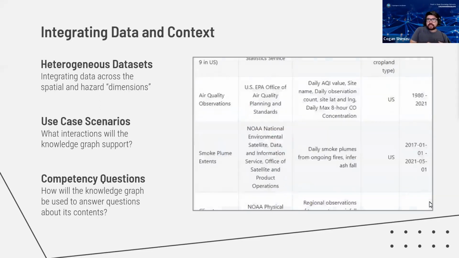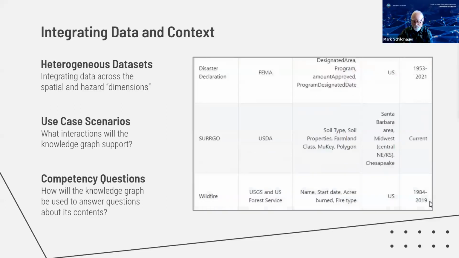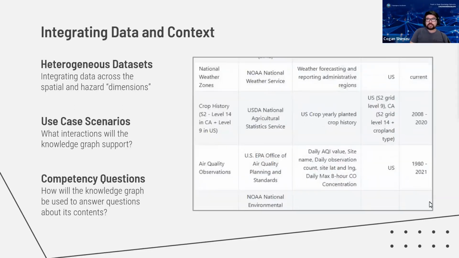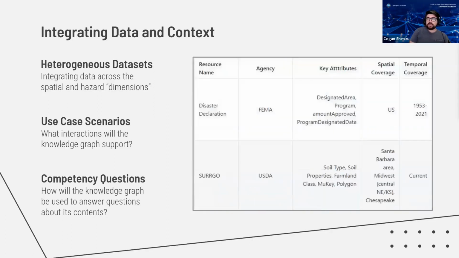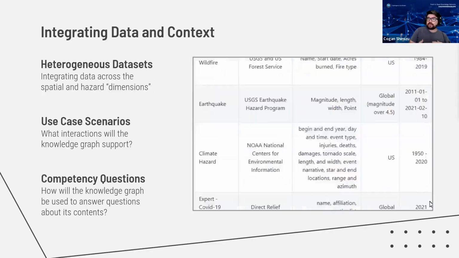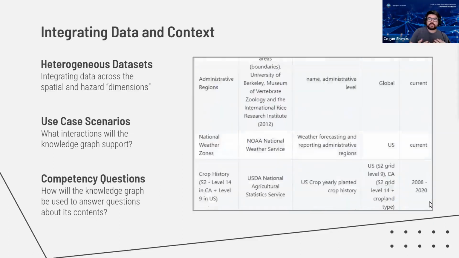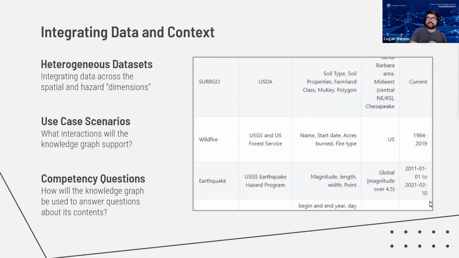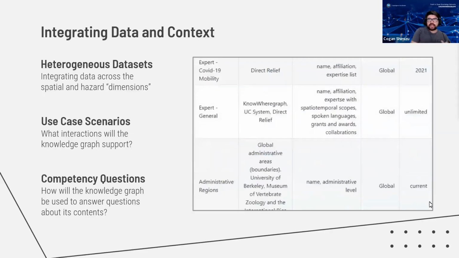It's easy to imagine that every data set, or nearly every data set, might have a different idea of what actually constitutes a hazard. Or they may not agree on where a specific event occurs or what it should be called, and so on.